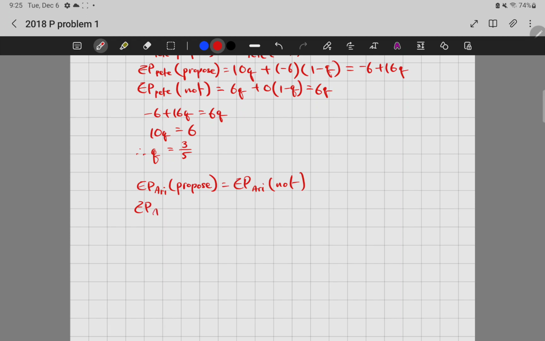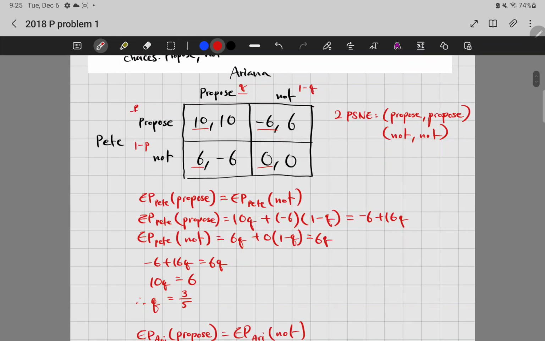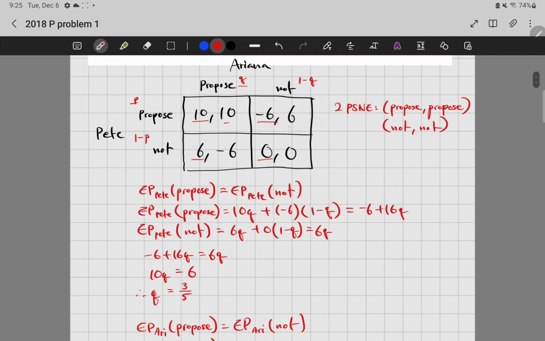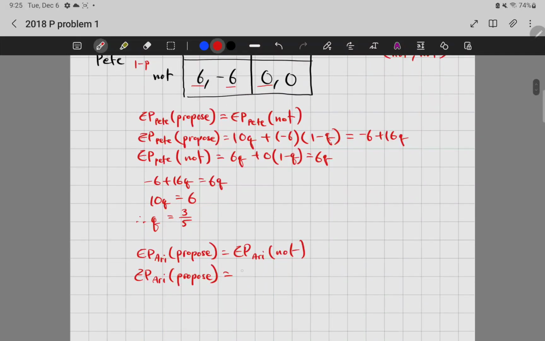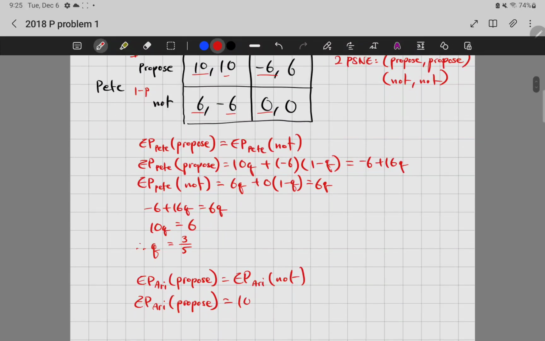The expected payoff or utility for Ari to propose would be P times 10 and 1 minus P times negative 6. So that's 10P plus negative 6 times 1 minus P, which is equal to negative 6 plus 16P.